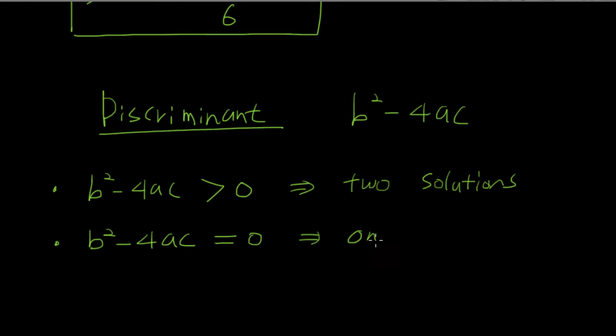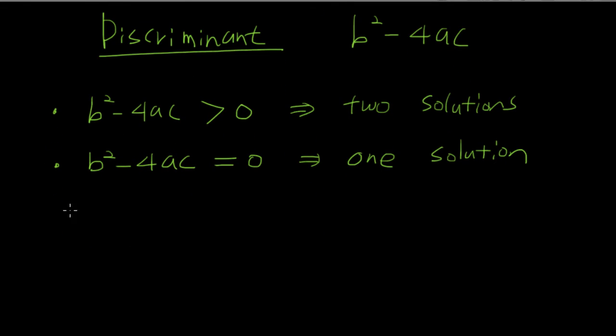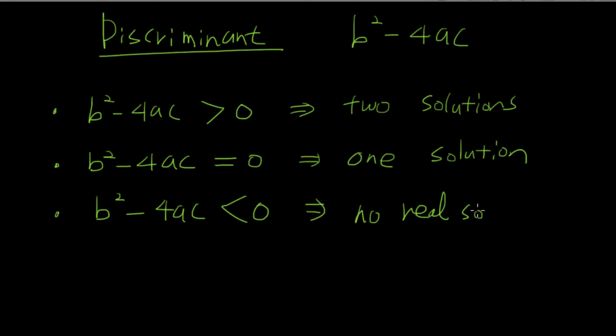We have one solution. Alright then, what happens when b squared minus 4ac is a negative number, less than 0? Then we have no real solution. Well, you can think of it as just no solution at this point.